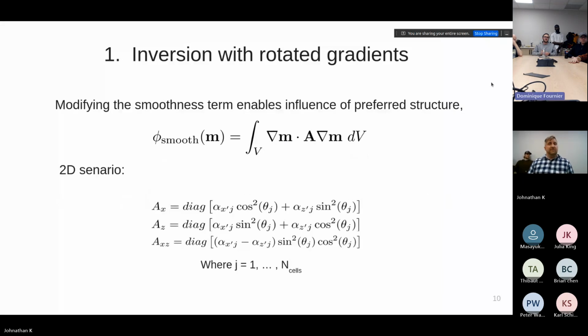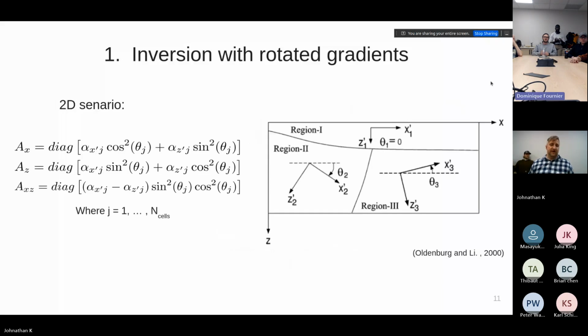It's that smoothness term that we can modify, and we can input a new tensor A, which encodes our orientations, our new principal axes, and the elongations, our alphas, along those principal axes. We can define that for every cell in the model. So we can actually have regions where we rotate and don't rotate and look at the structures, and we can define them in certain areas.